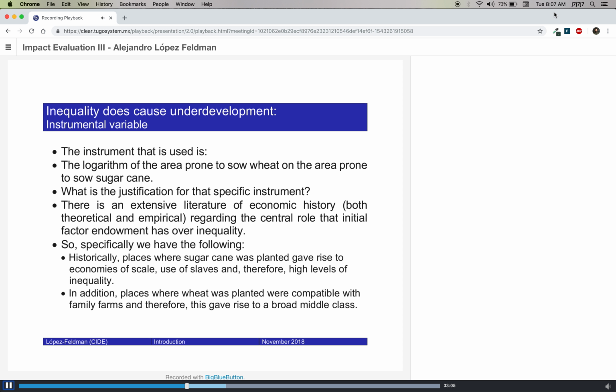Specifically, this empirical information says that places where wheat was planted were compatible with family farms, and therefore this gave rise to a broad middle class. In the other case, places where sugarcane was planted gave rise to economies of scale, use of slaves, and therefore high levels of inequality.